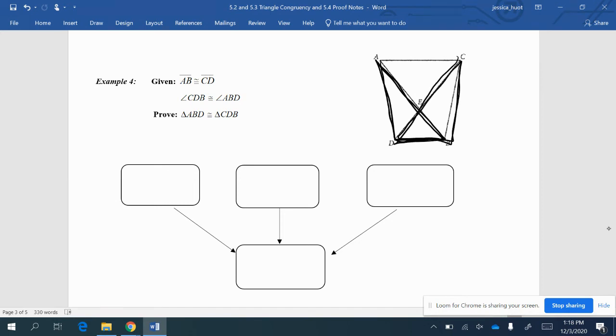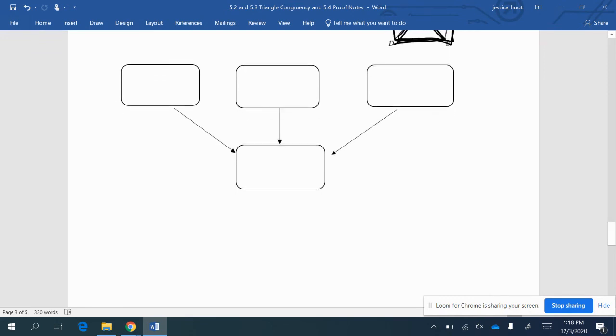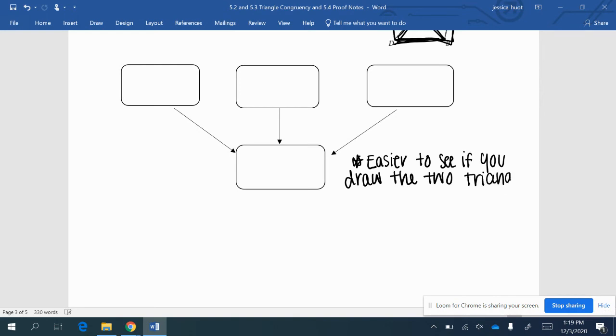CDB. I feel like for this one, let's go ahead and separate our triangles. That's going to be easier for us to see. So I am going to say it is easier to see if you draw the two triangles separate.